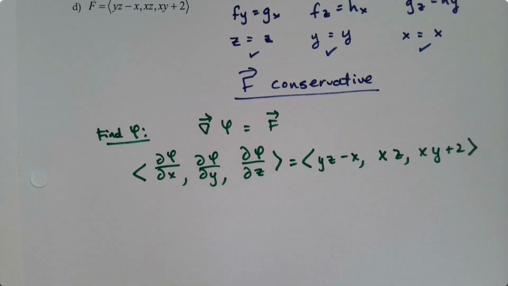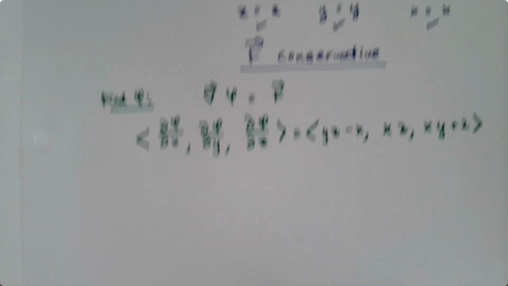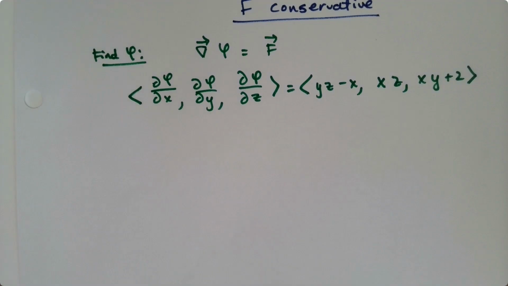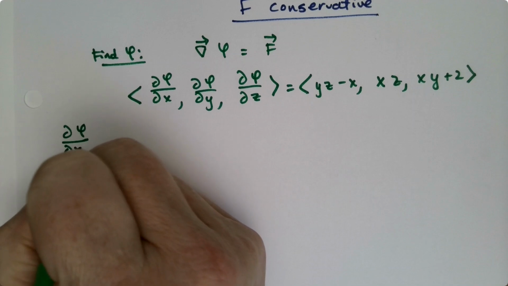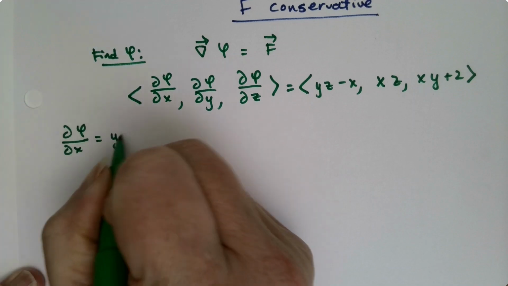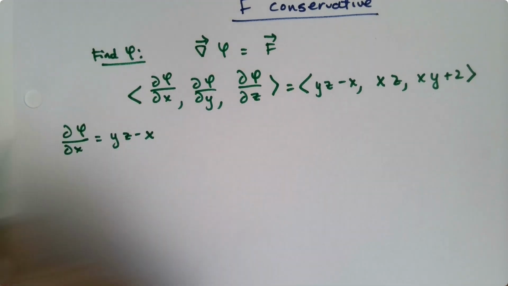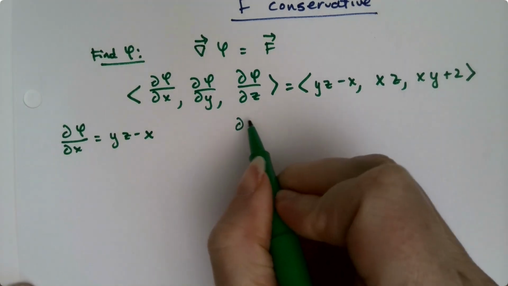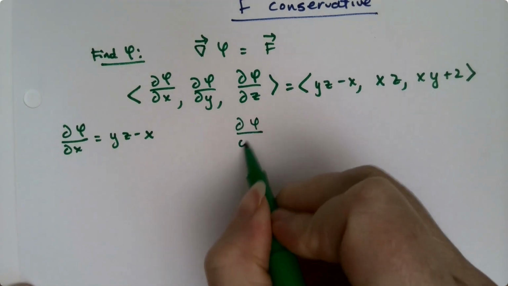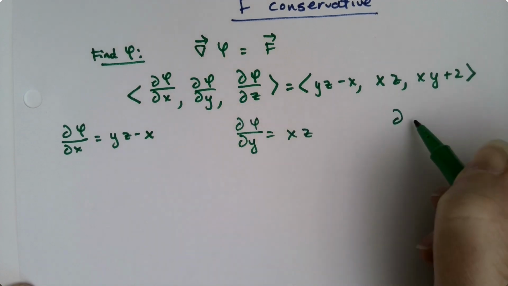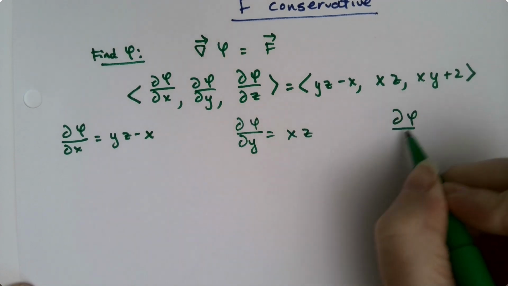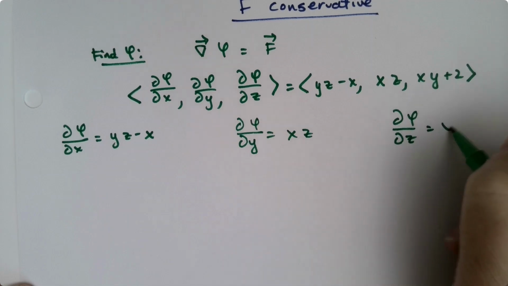So we're going to integrate each of the components. The first one is the partial phi with respect to x equals yz minus x. Then the partial phi with respect to y equals xz. And then the partial phi with respect to z equals xy plus 2.